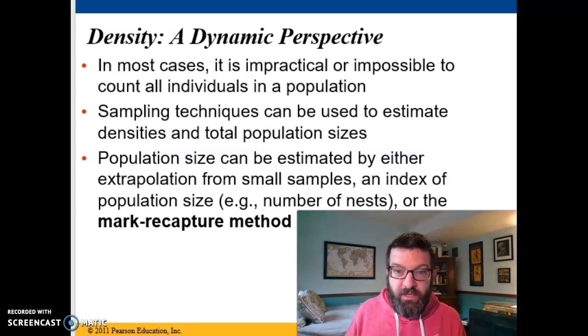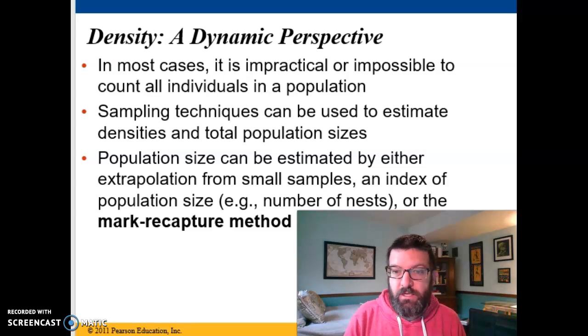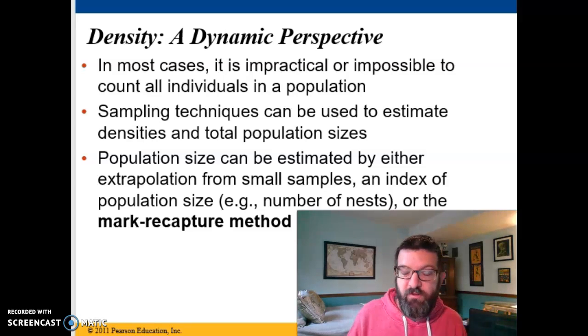And then you go out later, once things are sufficiently mixed, and you capture another 100 individuals. And let's say that 20 of them are marked. That means that you probably marked about 1/5 of the population with your initial 100. So that means that the population is probably about 500 individuals, right?